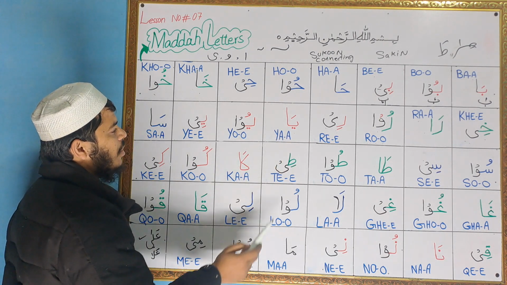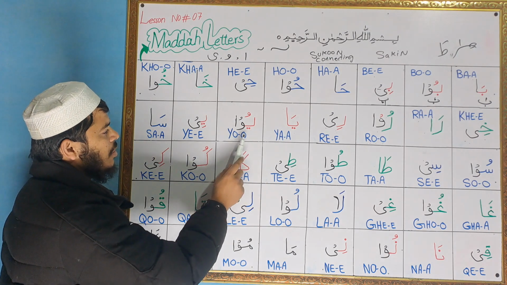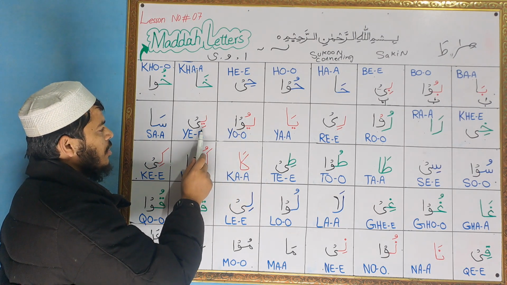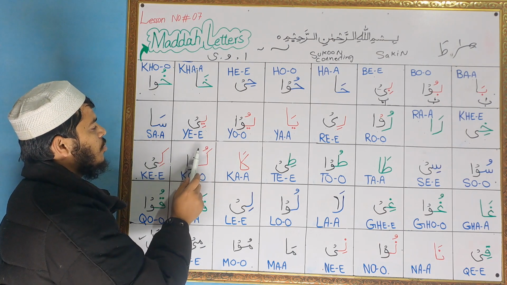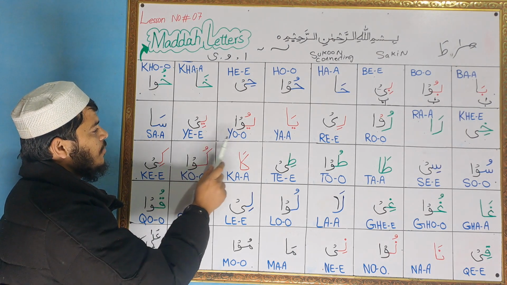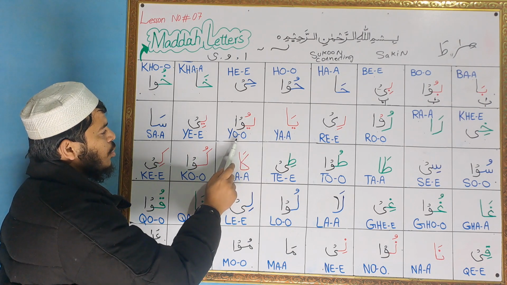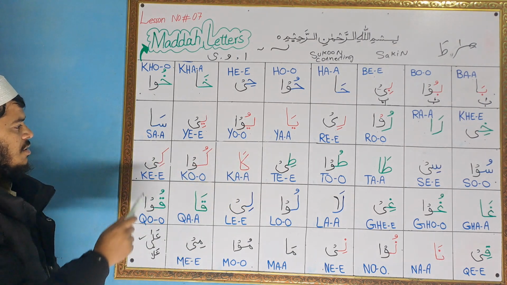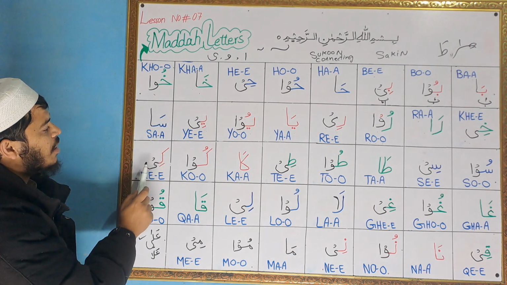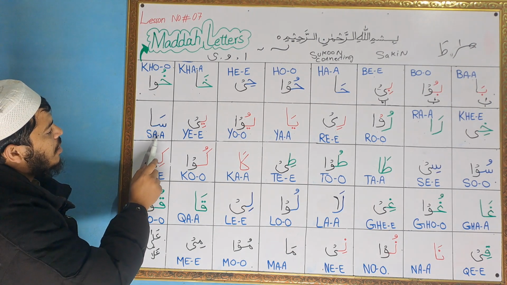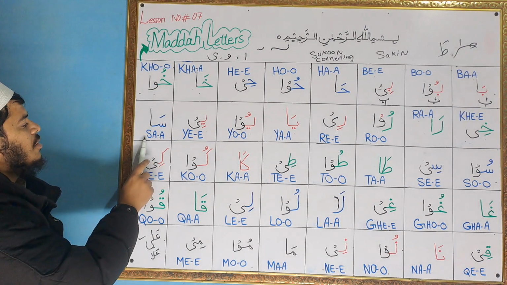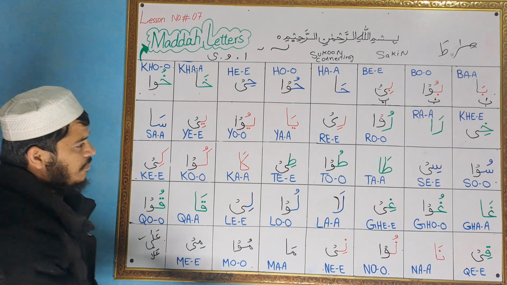Ya, alif, fatha, ya, waw, dhamma, yu, ya, kasra, yi, ya, yu, yi. Sin, alif, fatha, sa, because of alif, another alif sound, a sound, sa.